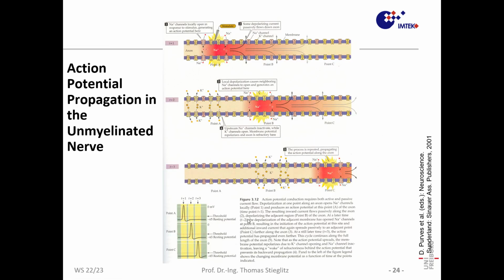And this is shown here with an English description, then with the ion channels showing unmyelinated nerve conduction velocity. We have the sodium influx, the potassium outflux, then the refractory period, and go slowly from one patch to the other.